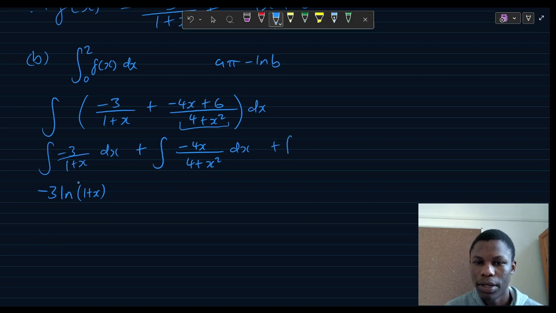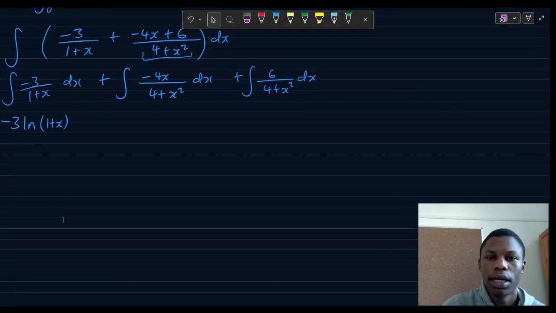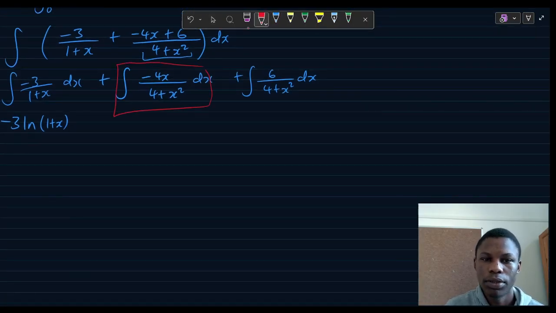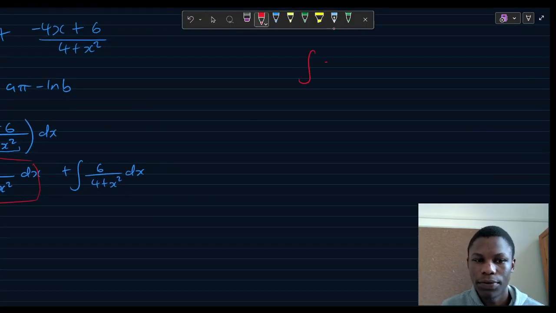And then the other part would be 6 over 4 plus x squared with respect to x. Okay. And so for this part specifically, let's do that on the side.